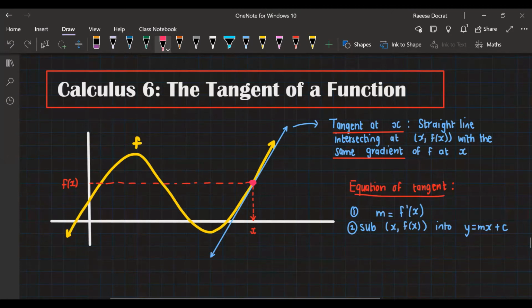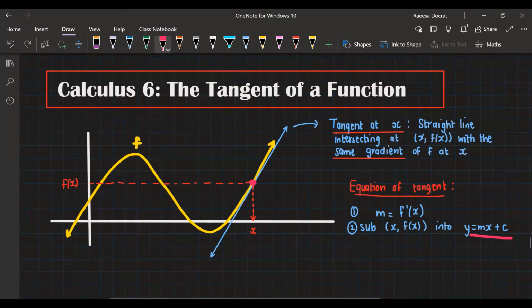So what we're going to have to do is get the equation of the tangent. We note it is a straight line, so it has the formula y is equal to mx plus c. We want to get the gradient, and we need a point to substitute. The gradient of the tangent is where our calculus comes in.